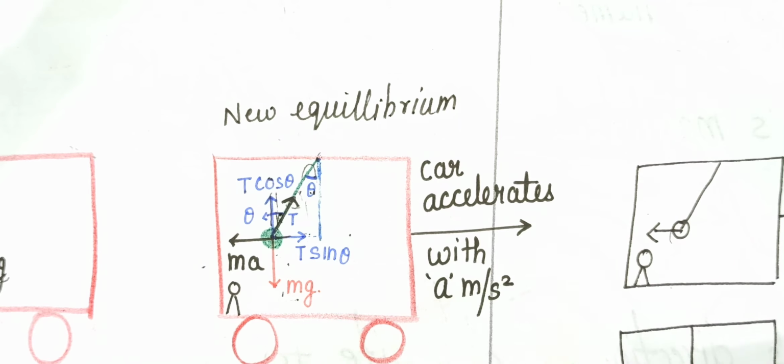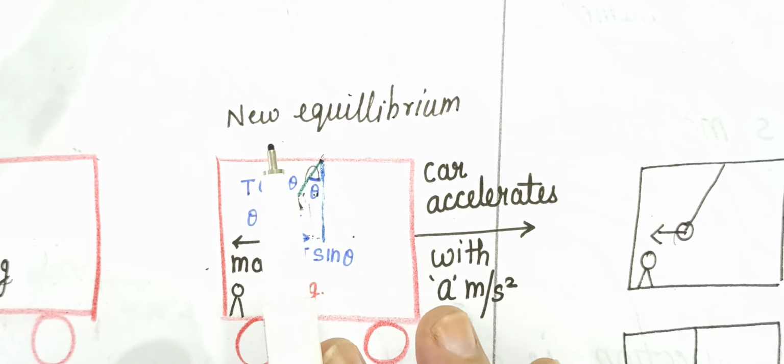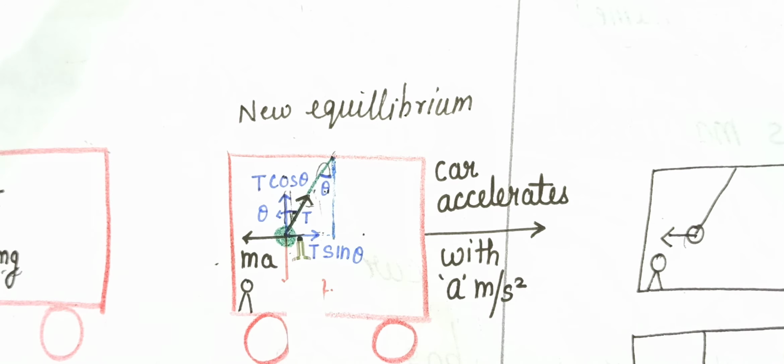If the car is accelerating with acceleration a meter per second square, then this bob comes to this new position and here it is in equilibrium.